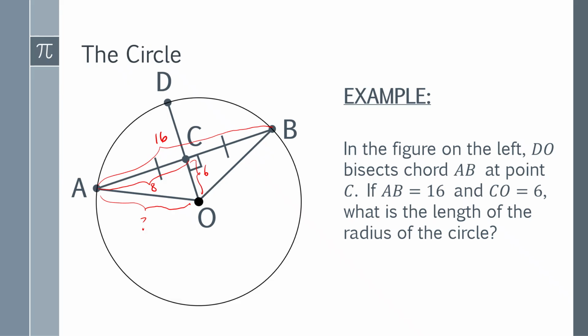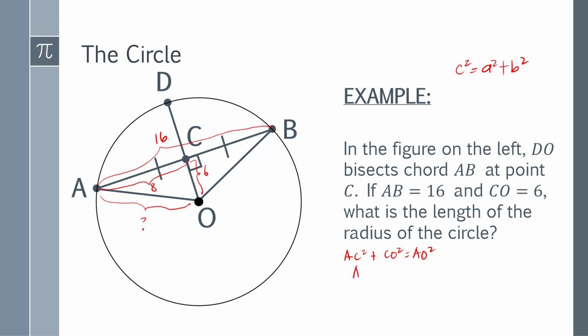And remember, you have to use the Pythagorean theorem. C squared is equal to A squared plus B squared. So AC squared plus CO squared is equal to AO squared, or you can interchange that.